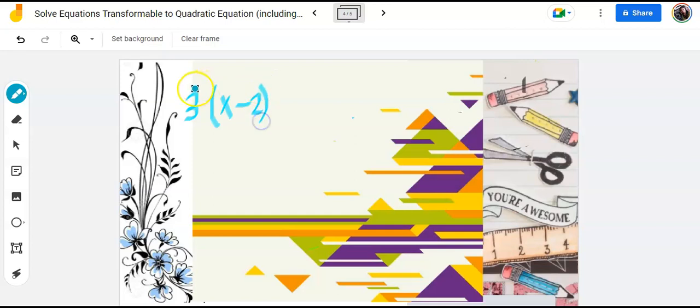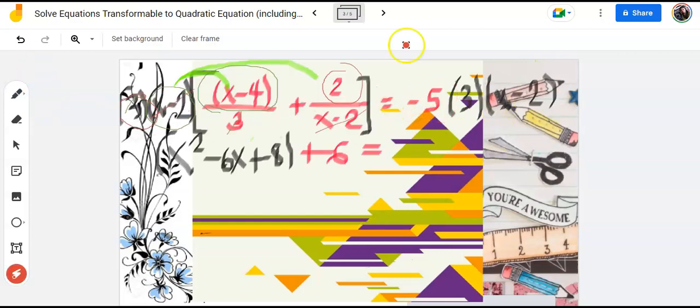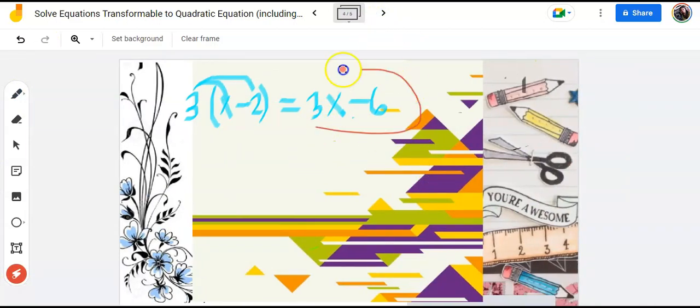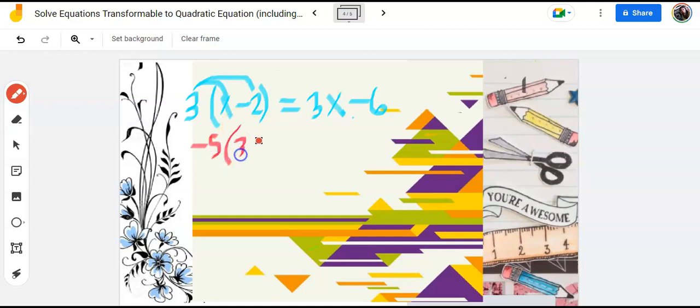So, we are going to distribute the 3 to each of the terms inside the binomial. So, we say 3 times x is 3x. And then 3 times negative 2 is negative 6. Ang LCD, i-multiply na ito sa negative 5. So, we multiply negative 5 to the LCD, 3x minus 6.